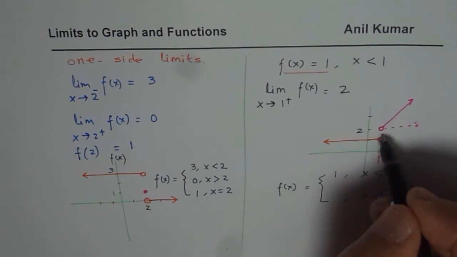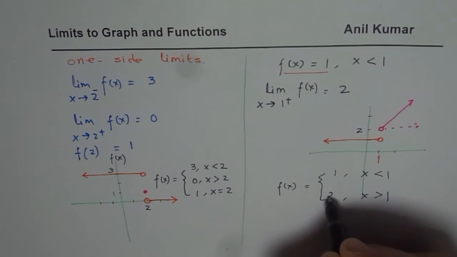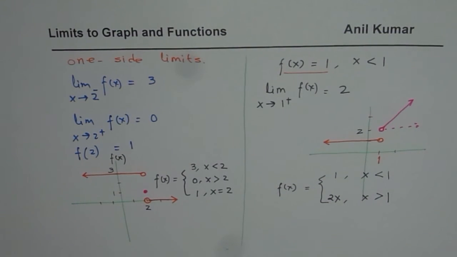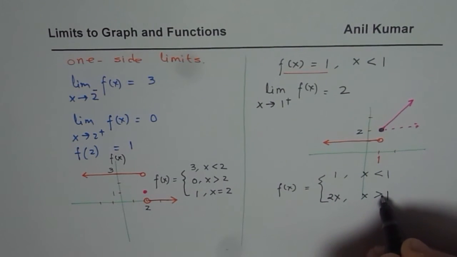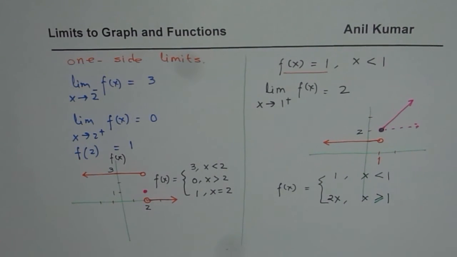So the slope is 2, right? So we'll say 2x when x is greater than 1. If some of you decide to fill in this gap here, in that case this becomes greater than or equal to, right? So I hope from this video you learn how to sketch the graph of a function and how to write the equation for the function once the limits are given to us. Thank you and all the best.